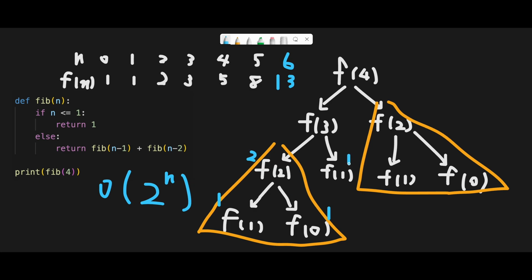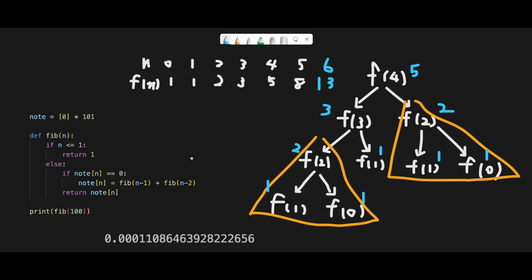And this is 1, this is 1, this is 1. And when n is 3, the sum of the previous two numbers should be 3. When n is 4, the sum of the previous two numbers should be 3 plus 2, and the Fibonacci number should be 5. Yeah, looks good. So next, let me improve this algorithm.